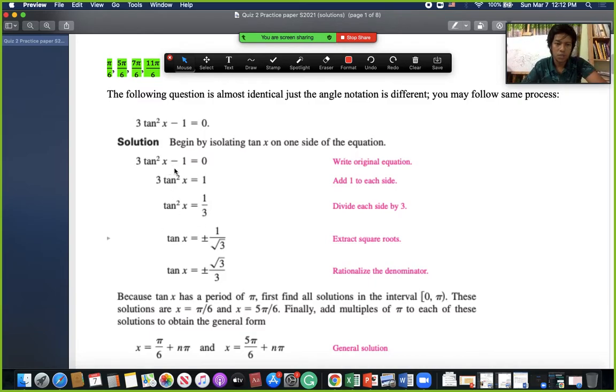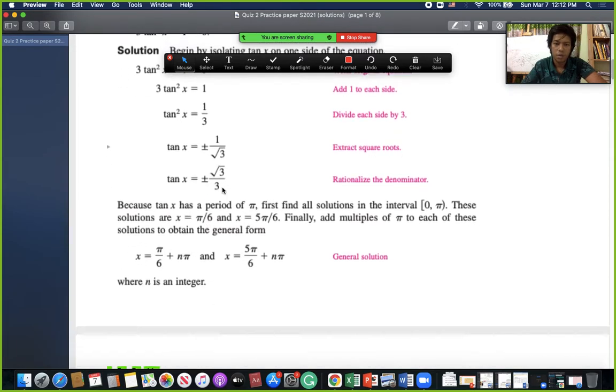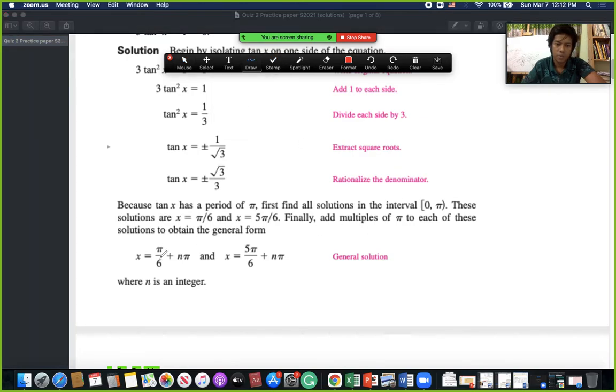So sin square, 1 goes to the other side, then 1 by 3, and tan x equals plus minus 1 by root 3, and then tan x equals root 3 by 3, which is actually the first value at 30 degrees.